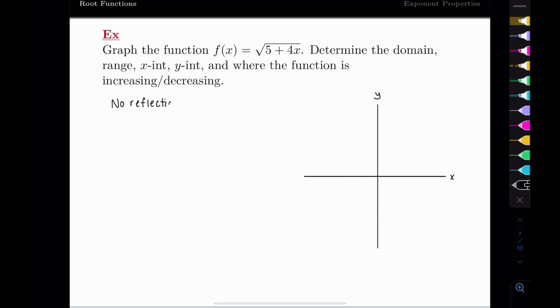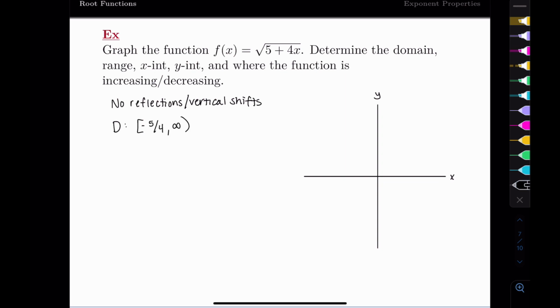And there's no vertical shifts. There's just been horizontal shifts and then stretches and compressions in that direction as well. But we already know the domain of this thing. We figured that out in the last example from part A. Our domain is negative 5/4 to infinity.